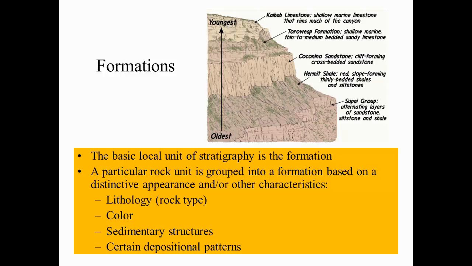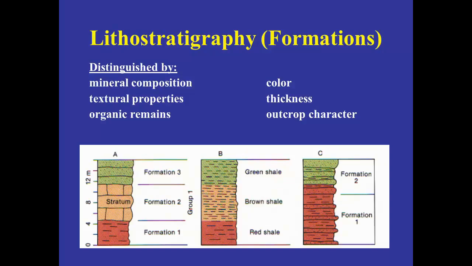This figure up here, for example, shows some of the formations found in the Grand Canyon, such as the Kaibab limestone that occurs at the very top. Notice we also have the Coconino sandstone, the Hermit shale. So these formations are largely distinguished from one another on the basis of rock type.